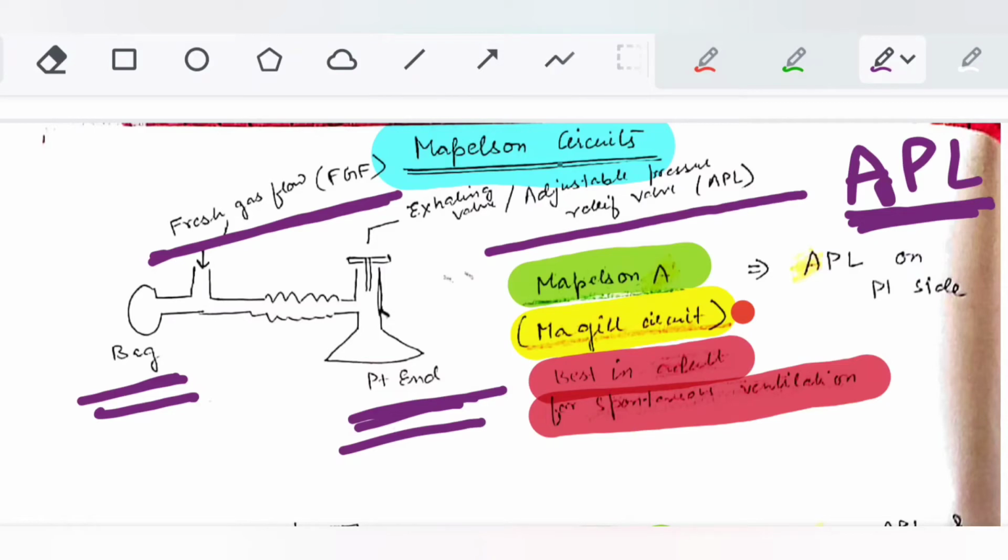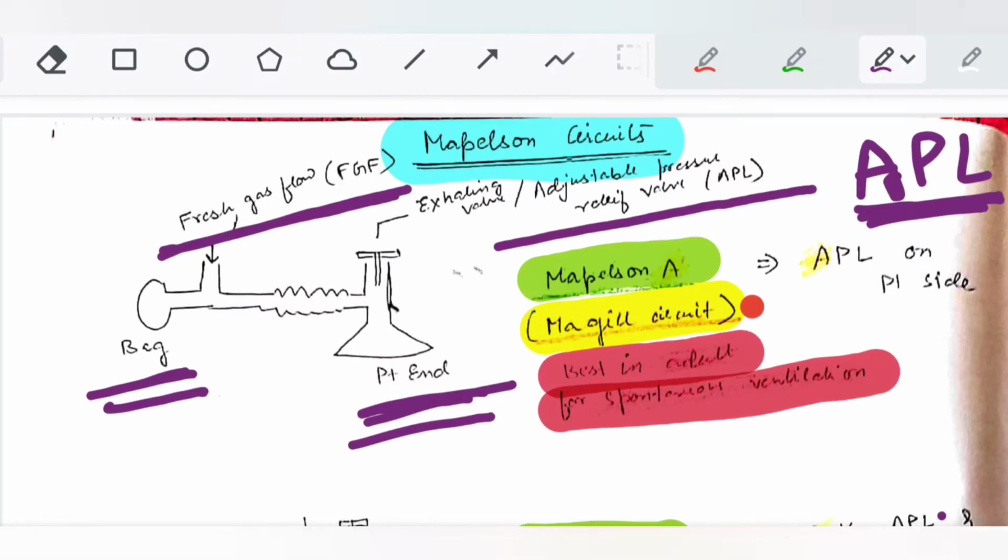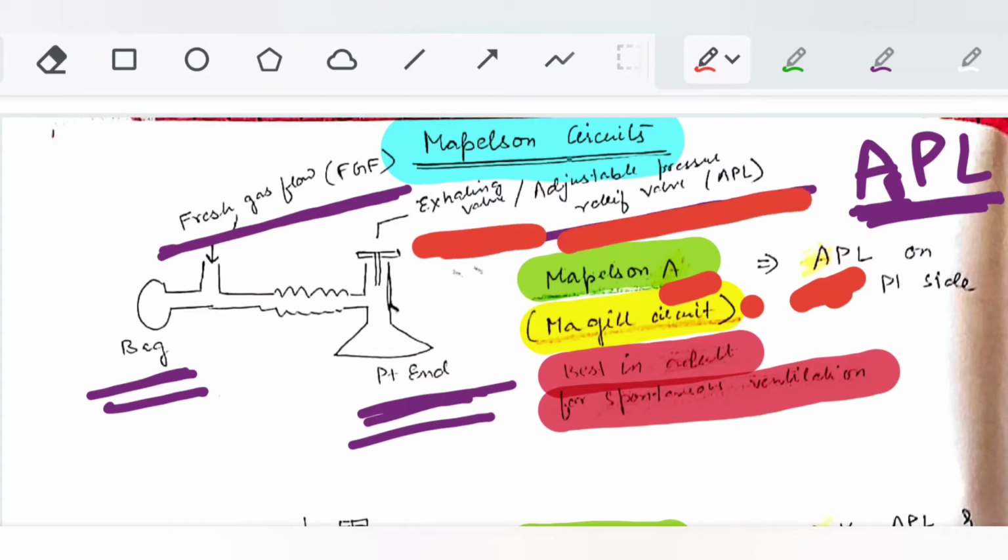So for Mapleson A, A for A, the APL will be on the patient side. The exhaling valve, or the APL valve, will be at the patient end.